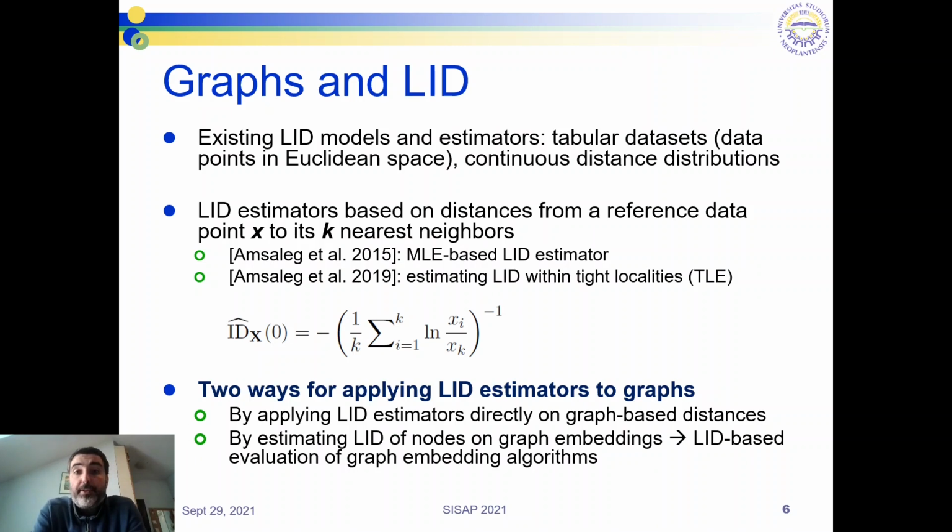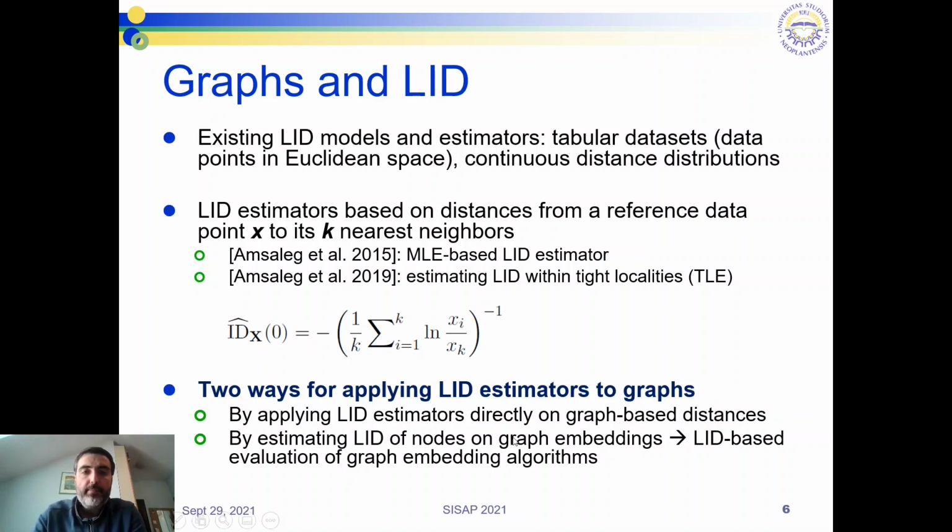Existing LID models and estimators work basically on tabular datasets, on data points in Euclidean space. The theoretical model assumes continuous distance distributions, so that's why these values need to be estimated. They're usually estimated based on distances to the k-nearest neighbors of a given data point.